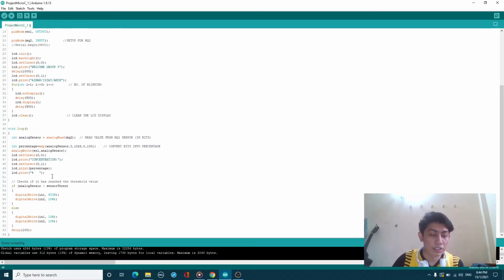After that, the analog sensor will be compared with sensor threshold. If the analog sensor is higher than sensor threshold, then IN1 becomes high and IN2 becomes low, which means that the motor will rotate clockwise.